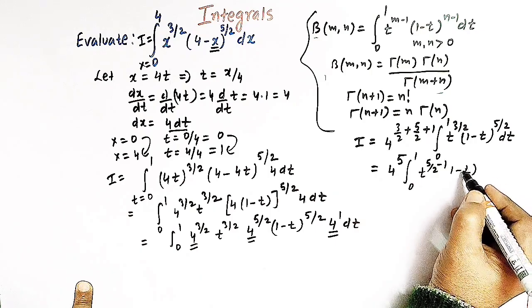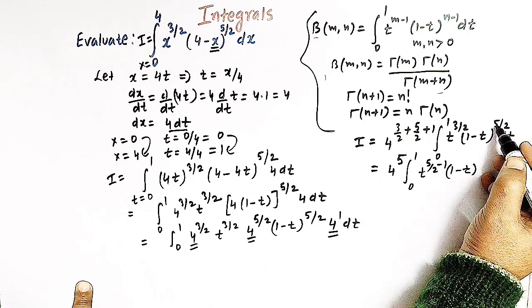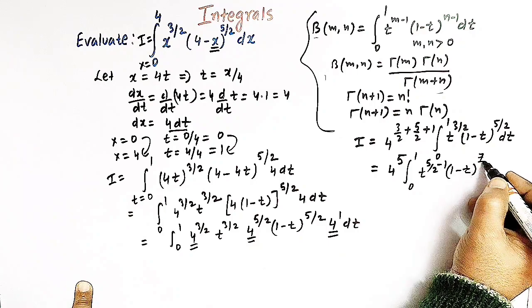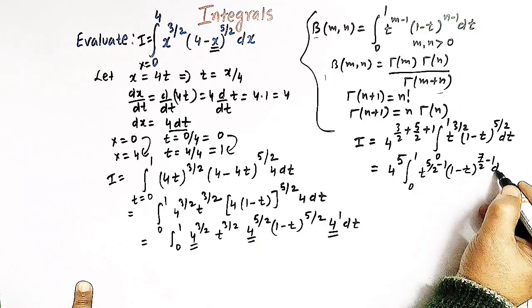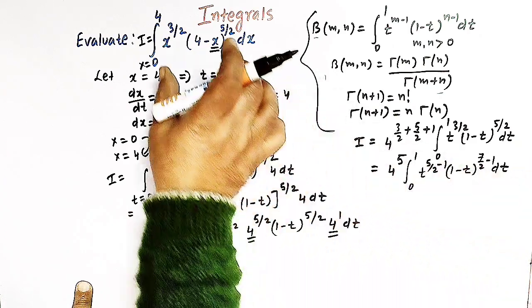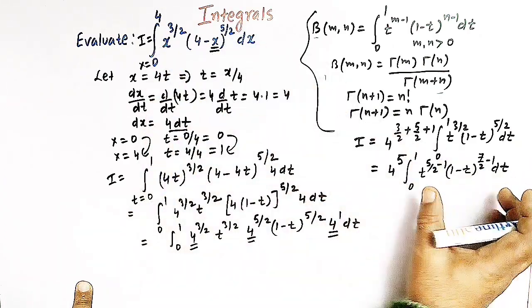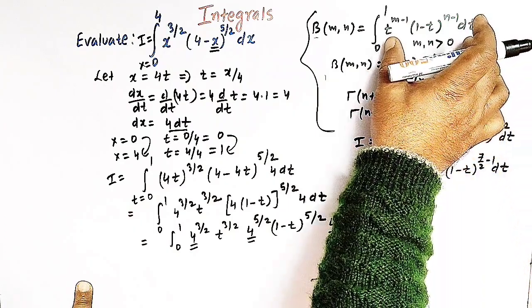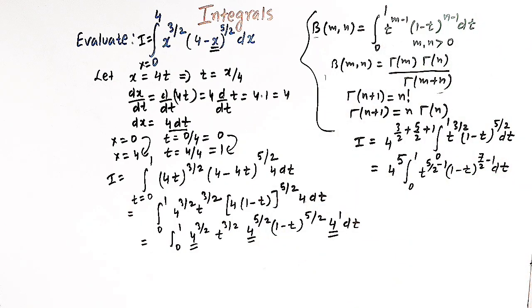Similarly, here we have 1 minus t raised to 5 by 2, and 5 by 2 can be written as 7 over 2 minus 1, and here we have dt. So now this integral is converted into a form similar to the beta integral.